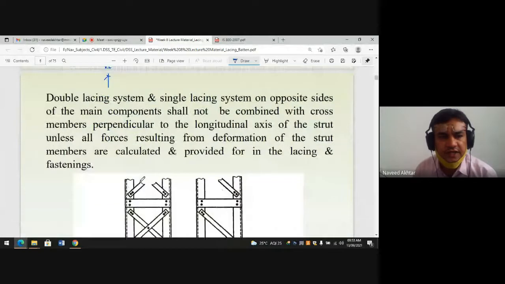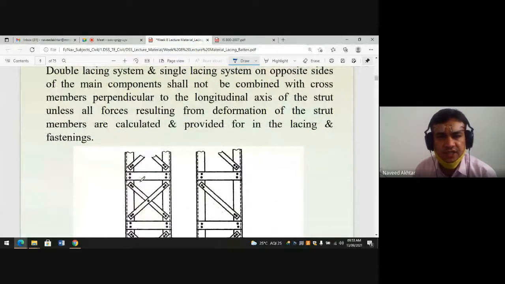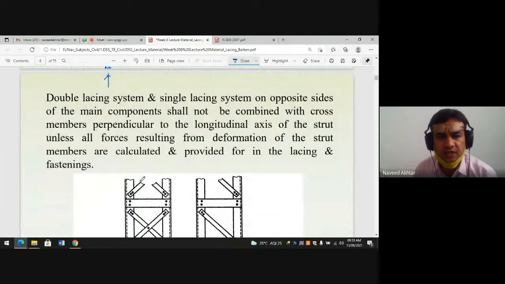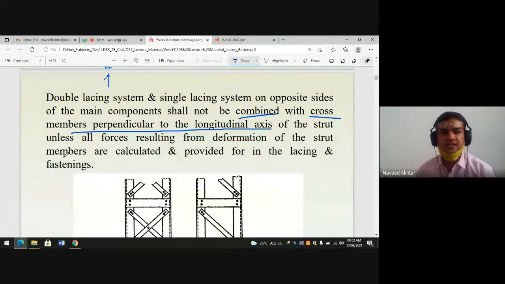Then you can see that double lacing system and single lacing system on opposite sides of the main component shall not be combined with the cross member perpendicular to the longitudinal axis of the strut, unless all forces resulting from the formation of the strut member are calculated and provided for in the lacing and fastening.